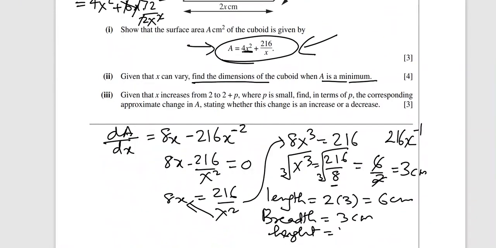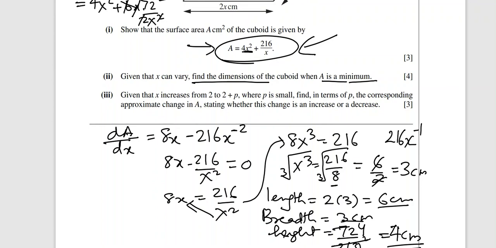So it becomes 72 over 2x square. So 3 square is 9, times 2 is 18. So 18 times 4 is 72. It is 4 centimeter. We got the height, we got the length, we got the breadth, everything is known to us.